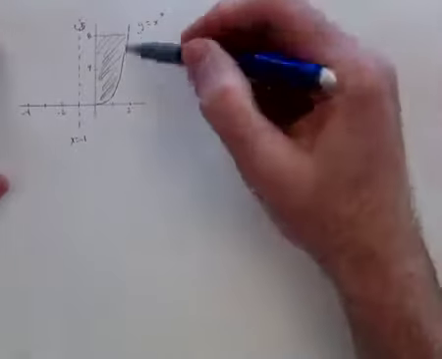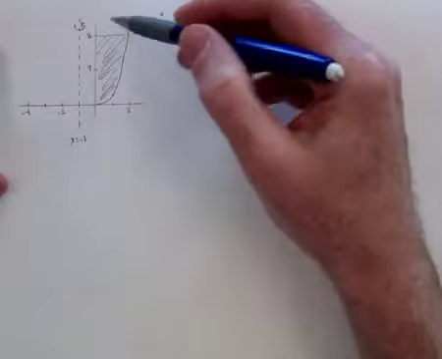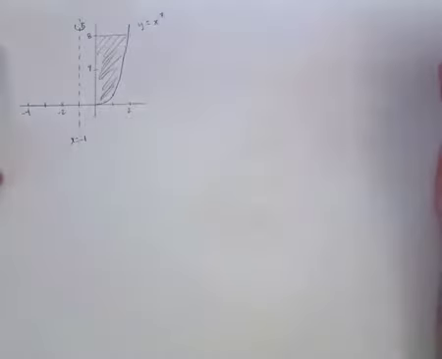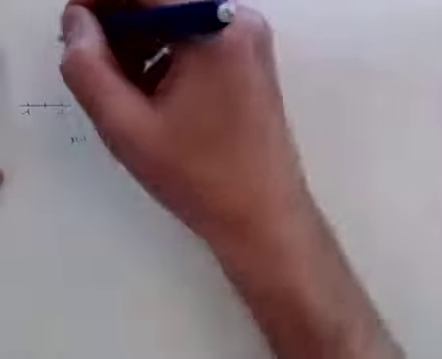We have the region bounded by y equals x cubed, y equals 8, and the y-axis, but we're not going to rotate it around the x-axis or the y-axis. We're going to rotate it around the line x equals -1. I know.